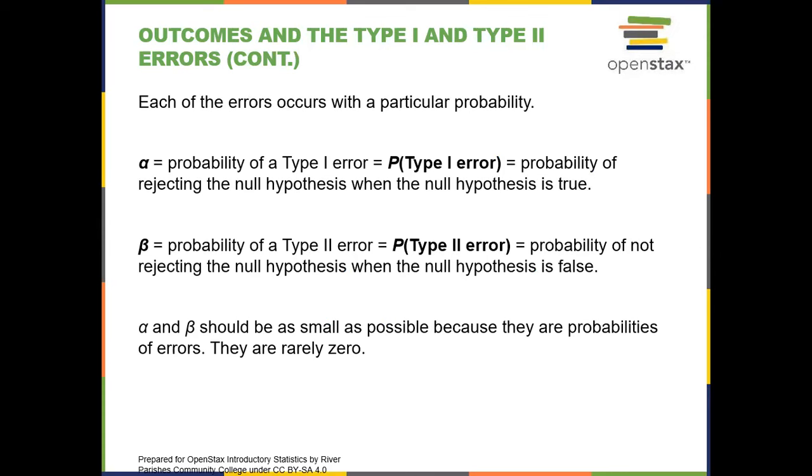And beta, that is small Greek b, is the probability of making a type 2 error. What is type 2 error? Failing to reject H0 when H0 is false. Alpha and beta should be as small as possible because they are probabilities of errors. They are rarely zero.